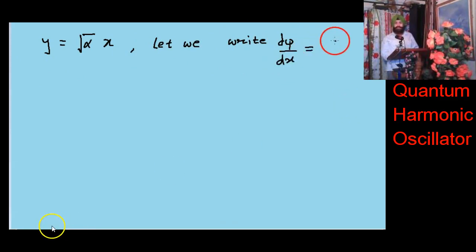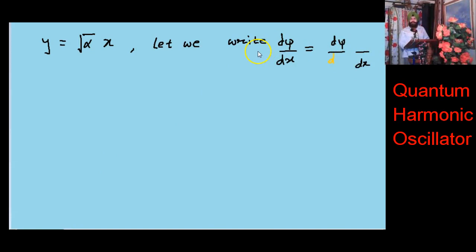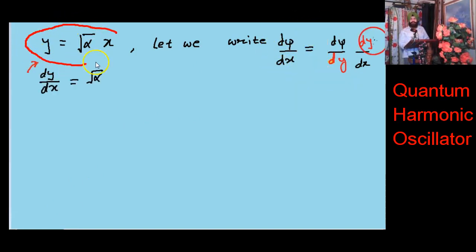So let me write d psi by dx. D psi is here, dx is here, and multiply and divide this by dy. So d psi by dx may be written as like this, differentiating with respect to x.